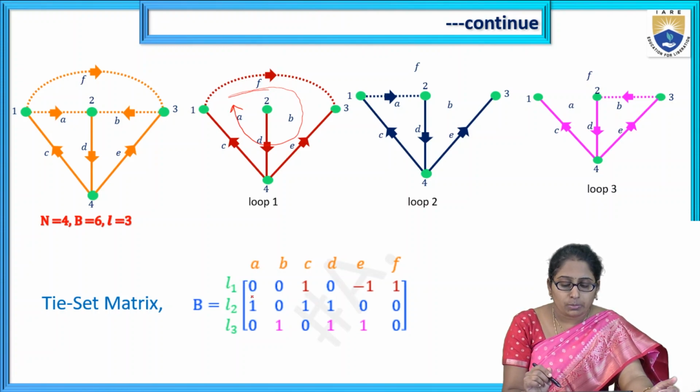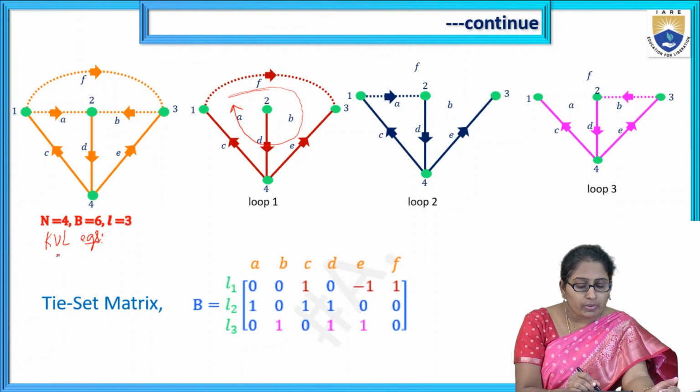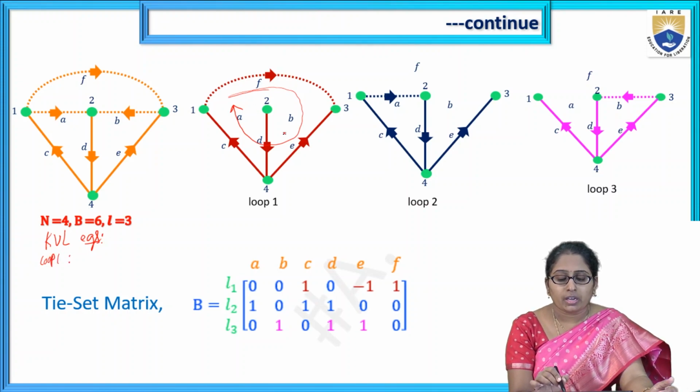To get the tie-set matrix, we need to write down the KVL equations. That is not shown here, but I will tell. For loop 1, we write the KVL equation with the assumed direction, whatever I have drawn.